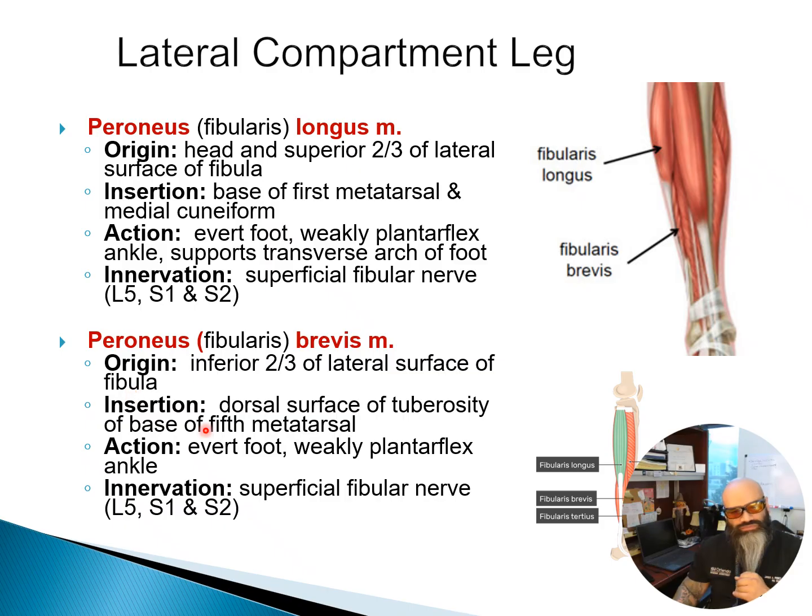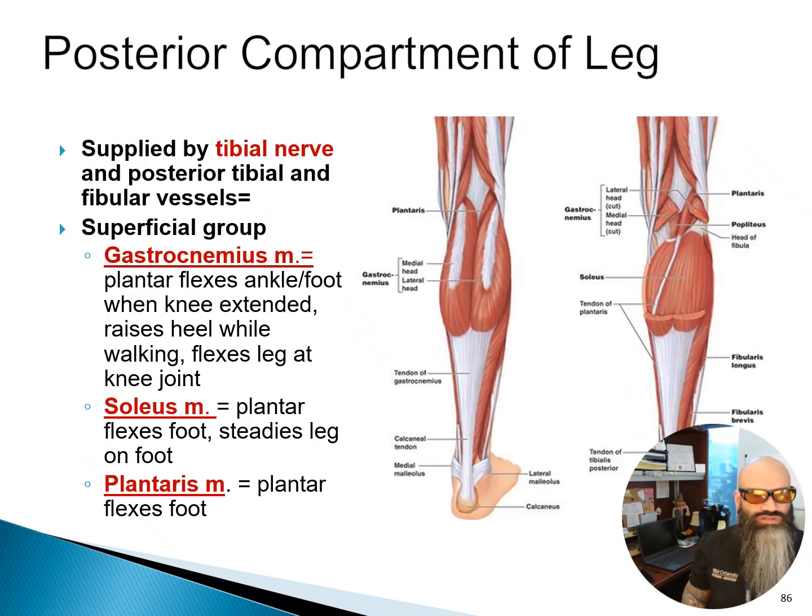I apologize, I'd like to correct that: the superficial peroneal nerve comes from L5. Know the insertion differences between the peroneus longus and peroneus brevis, and that they are foot everters. Basically, that's what I want you to know for that.